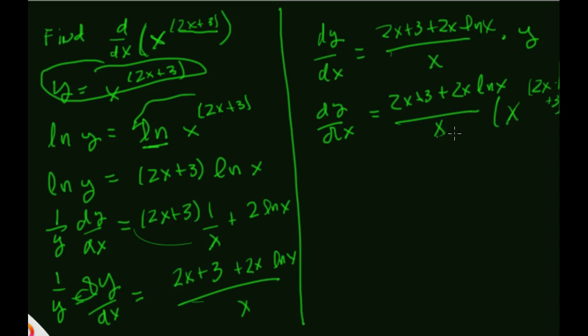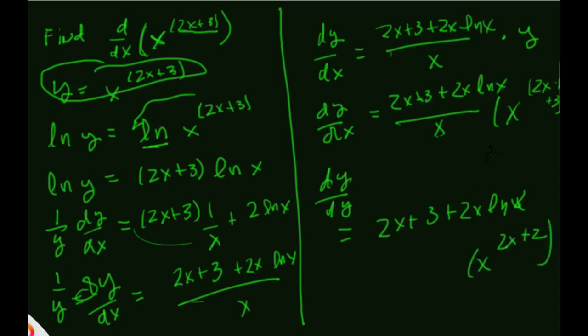But this x can cancel with one of those, so I can simplify to dy/dx is equal to 2x plus 3 plus 2x times the natural log of x, times x to the 2x plus 2, because I canceled that with one of those. Alright, so there we go. We got dy/dx out of this.